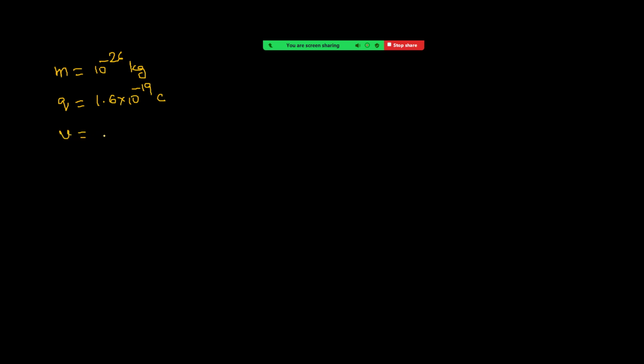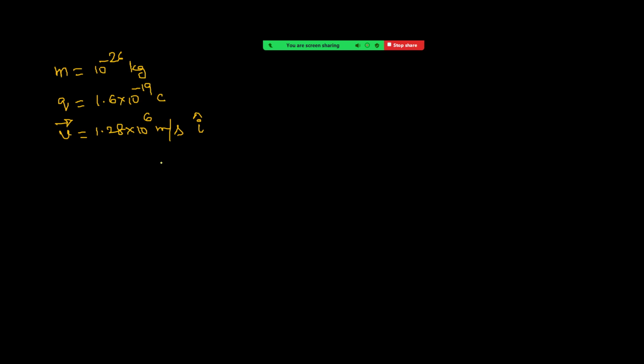Velocity is 1.28 × 10^6 meter per second, and the direction is positive x. I can write here i cap, so V bar equals that.